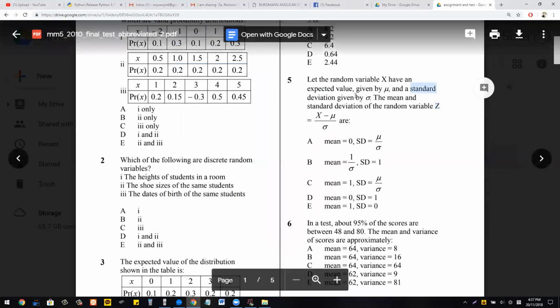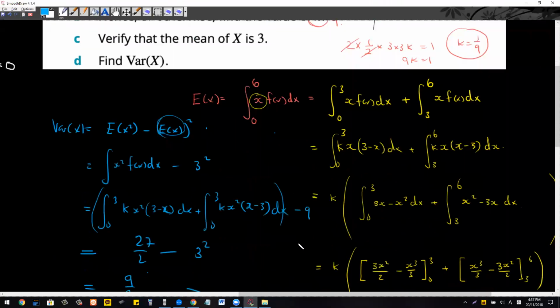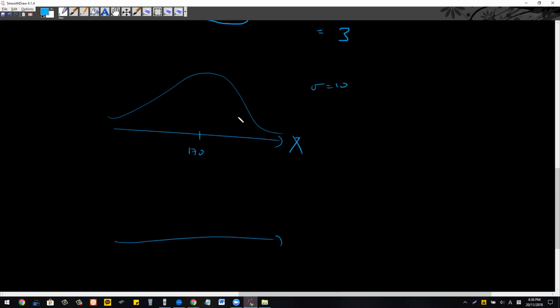It's the standard variable. So you know how when you have some distribution, for example, a distribution with an average of 170 and the standard deviation of 10, true? So this is a random variable x. But any distribution can be converted into z-score. Is that right? Now here's the thing: z-score always has mean of how much?